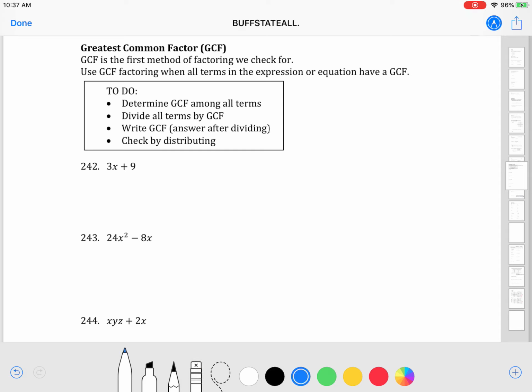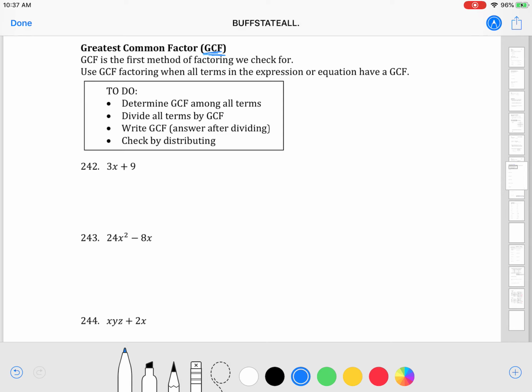The first type of factoring we are going to learn is greatest common factor, like we just went over, GCF. To know when you're supposed to use this type of factoring, it's always going to be the first type of factoring you check for. And you're only going to use this type of factoring when there is a GCF to be accounted for.